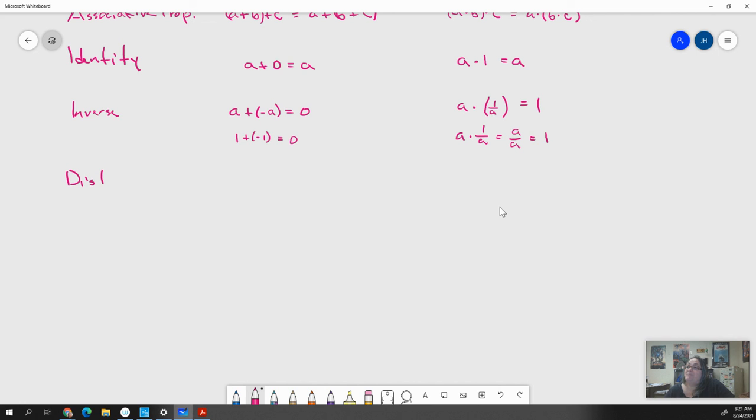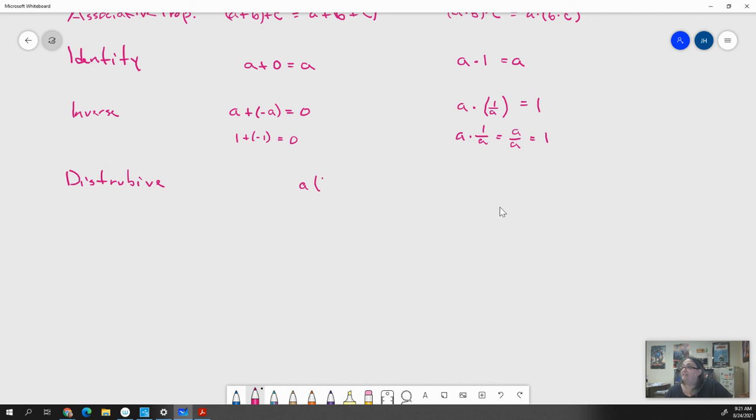But the last property that we're dealing with here is the distributive property. And you guys have used the distributive property a lot in Algebra 1. I don't ever write the distributive property under addition or multiplication. I kind of put it in the middle because it uses both.